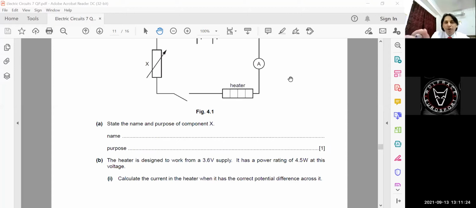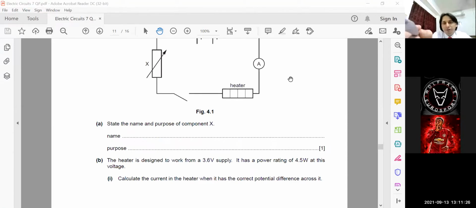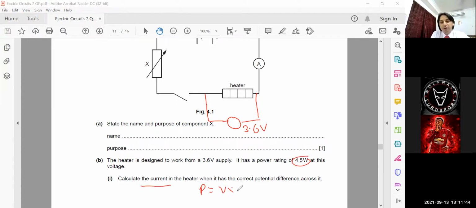Now in this question, many students make a mistake. It is given here that this heater will operate on a voltage of 3.6 volt. You need to take this voltage, 3.6. Power is already given, so you need to calculate the current. We have the equation P equals voltage multiplied by current.